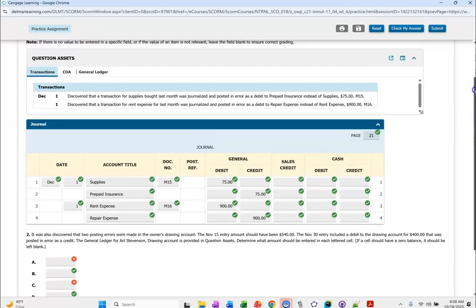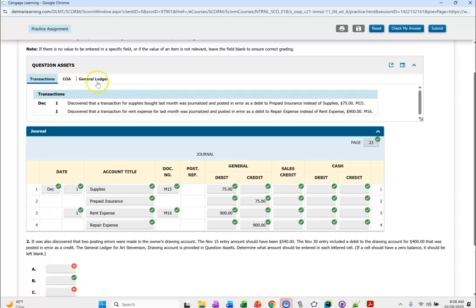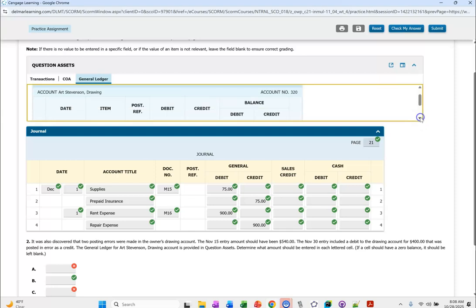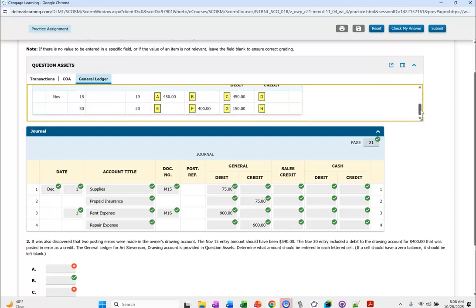Now if I go up here to my general ledger, that is the November 15th transaction that they're talking about.